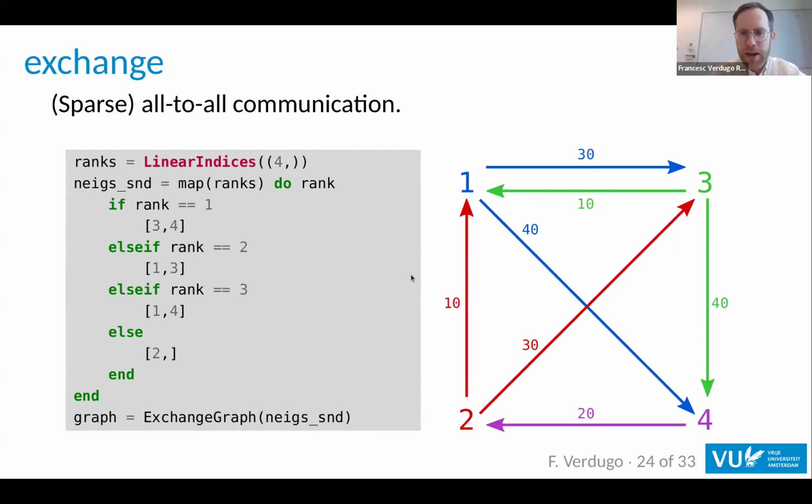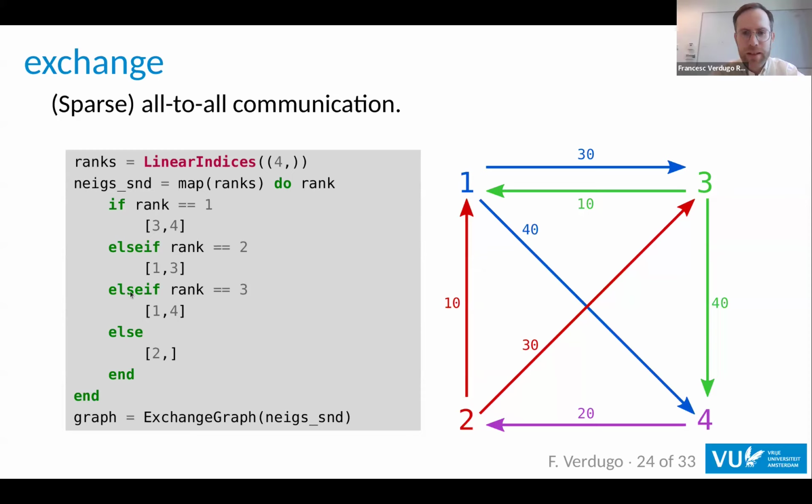Finally, we also have a way of modeling point-to-point communications, and this is typically useful when you are doing stencil operations or domain decomposition methods in which you want to communicate with a small set of neighboring processes. We model this using directed graphs.